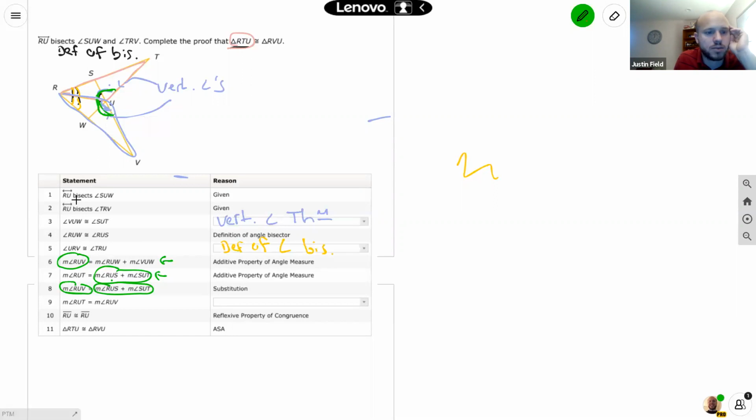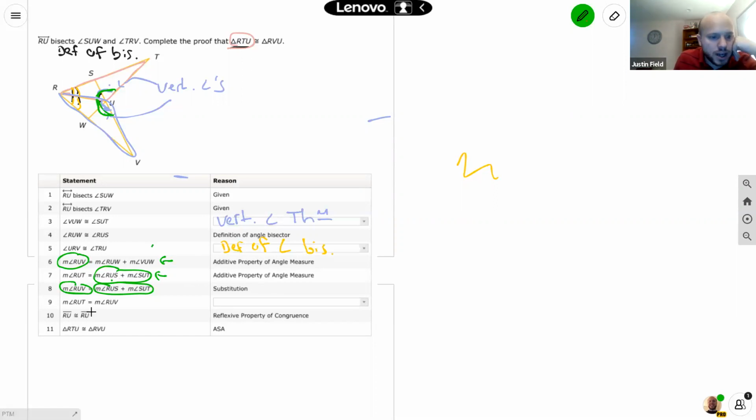So because of the angle bisector, we're just swapping out congruent angles. And then you can see that we have two different angles, and now we can see they have the same addition expression by substitution. You can talk more about that.